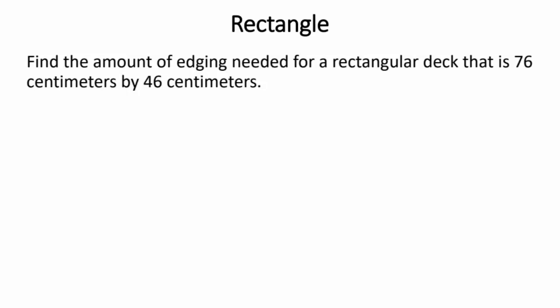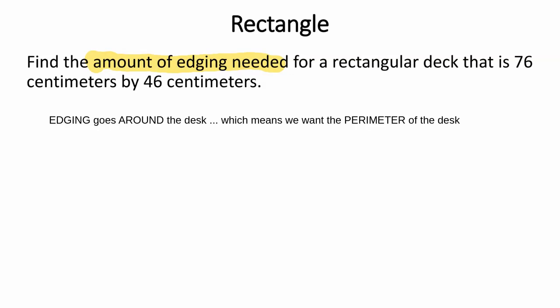Now, here we go. This story problem, you have to know what the words mean. Find the amount of edging needed for a rectangular deck. Now, edging goes around the deck, which means we want the perimeter of the deck.